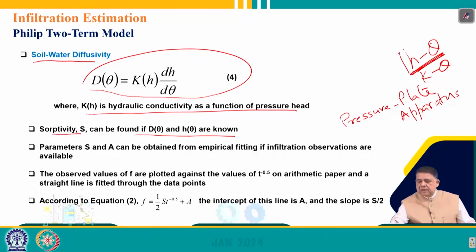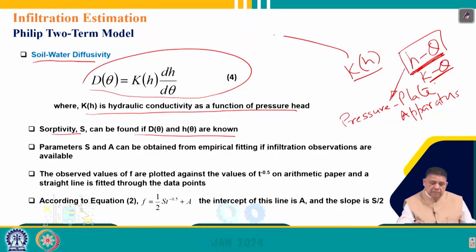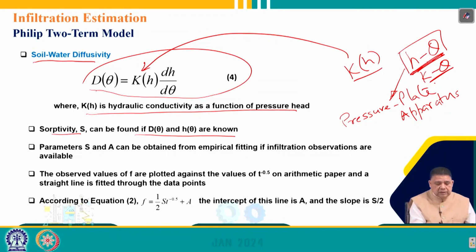So, h theta can be obtained from pressure plate experimentation, and based on that we can fit the data and get the K theta relationship. When we have h theta and K theta, we can also express K in terms of h. Knowing that, we can find out D theta, and if D theta and h theta are known, absorptivity can be obtained for any given soil from the experiments.